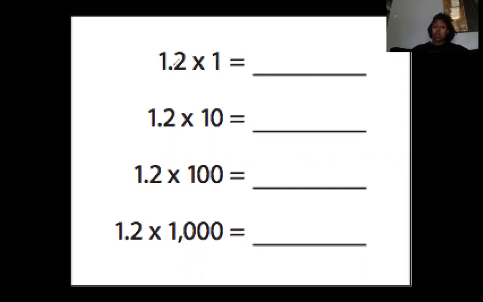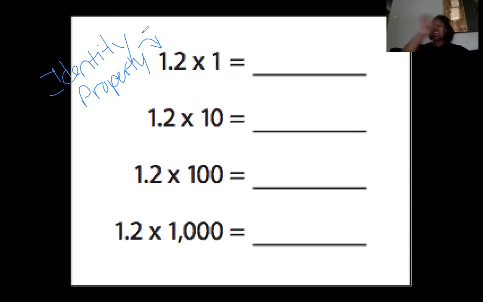And we should also know that this is the identity property, okay? Any number times 1 is itself. So even without thinking about the number of zeros, anytime you see anything multiplied by 1, that's always going to be the same number. So in my answer, I can just put the same number, 1.2, because that one doesn't have a zero.